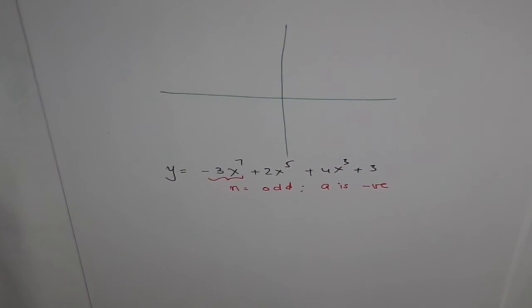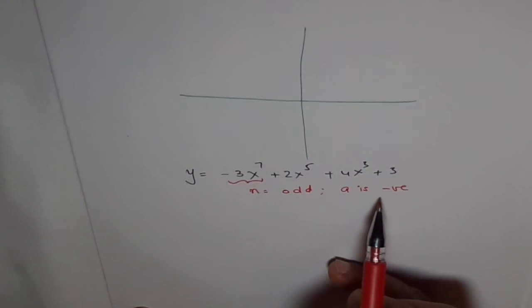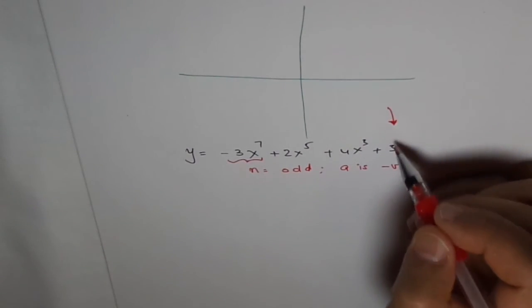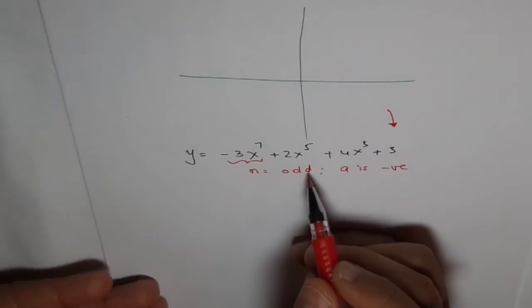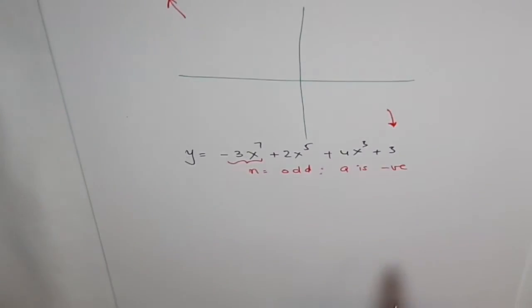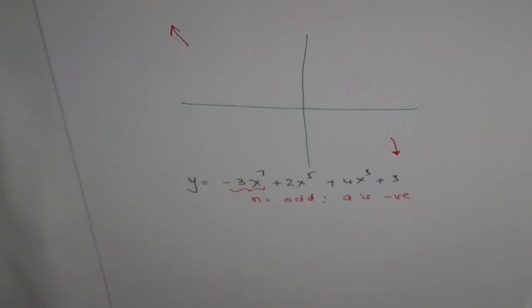Can you tell me the end behavior of this? Negative means both functions should face this side, right? Right side is down, not up. And odd means opposite behavior. Do you see that? So that's my end behavior for this function. Do you get it?